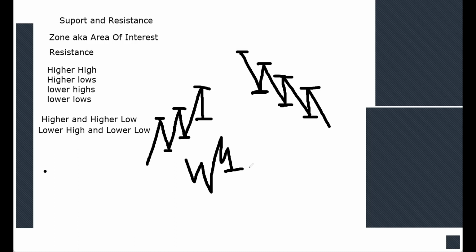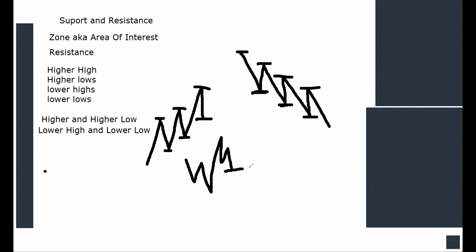Because it looks like I see two lower lows and then it went up. That's why I'm saying it looks like it's gonna shoot back up. I don't know. Okay, let's go to the next person.